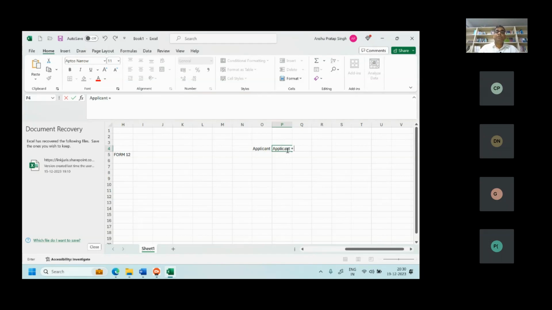The applicant plus the person whose name has to be mentioned, both can go for a request. They will request for the addition of this name. Okay.